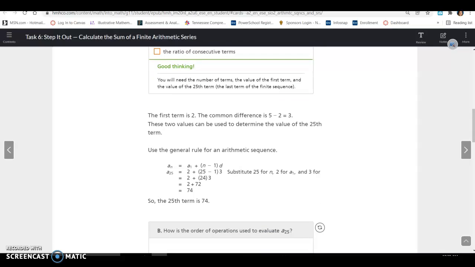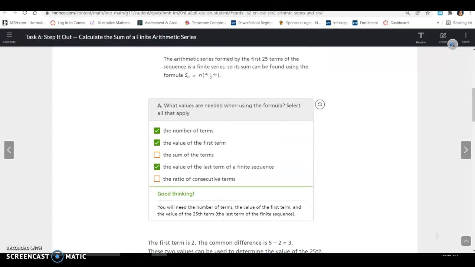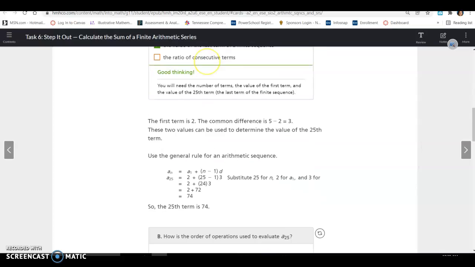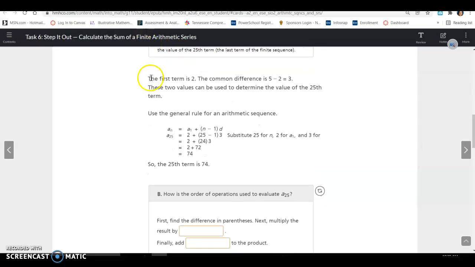Alright, so it says the first term is 2. Okay, so that's given. We can see that right here, 2. We know n is 25. What we don't know is the 25th term. So we're going to have to find the 25th term. So remember, this is a formula we used in the previous task: a sub n equals your first term plus n minus 1 times your common difference.